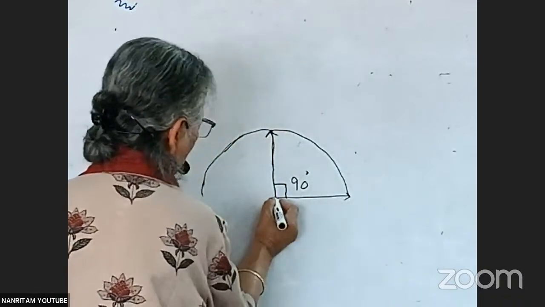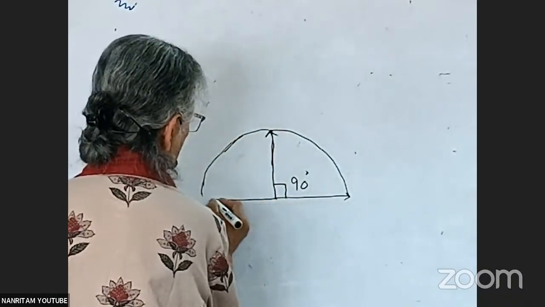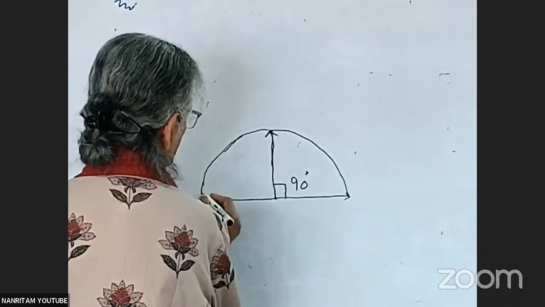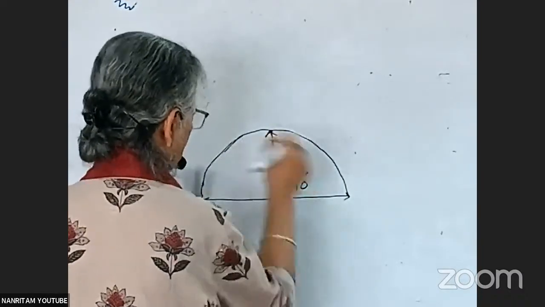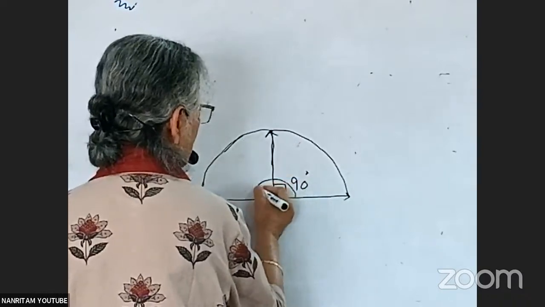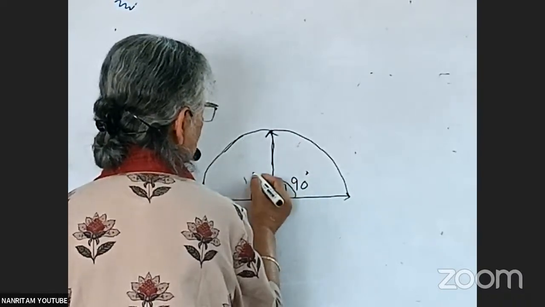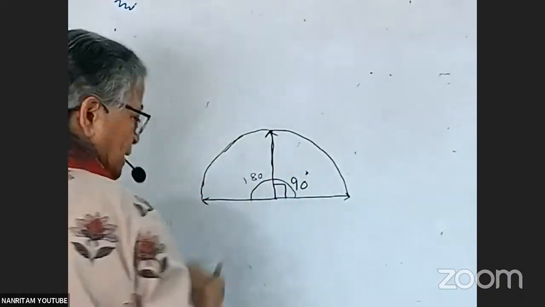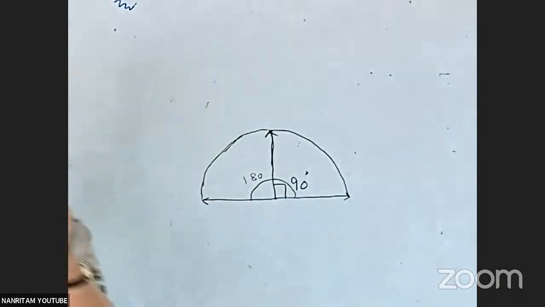And it is down here, the same statement. Now 90 plus 90, this is 180, semicircle, straight angle. With this knowledge, they can now start moving.